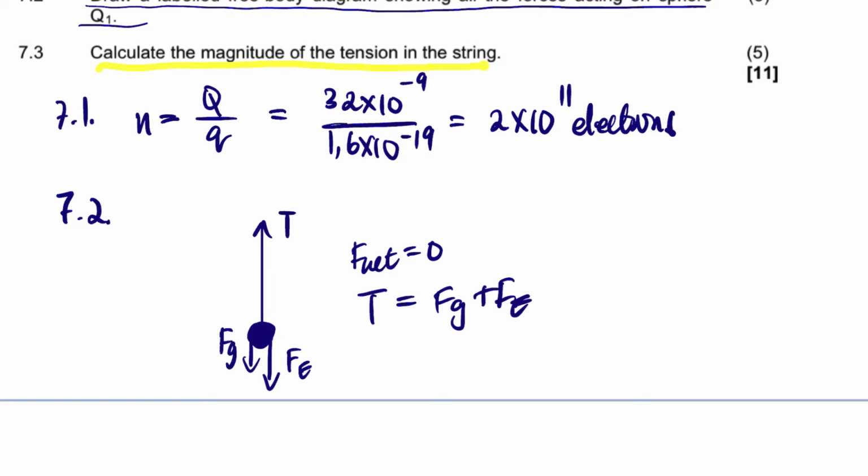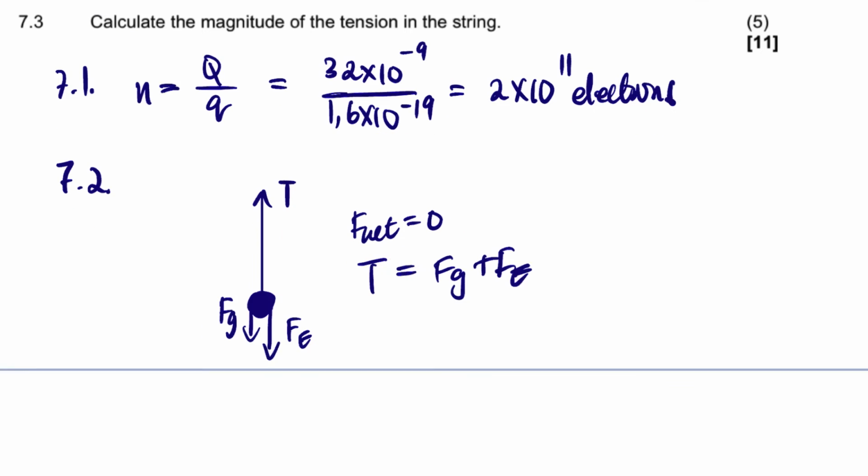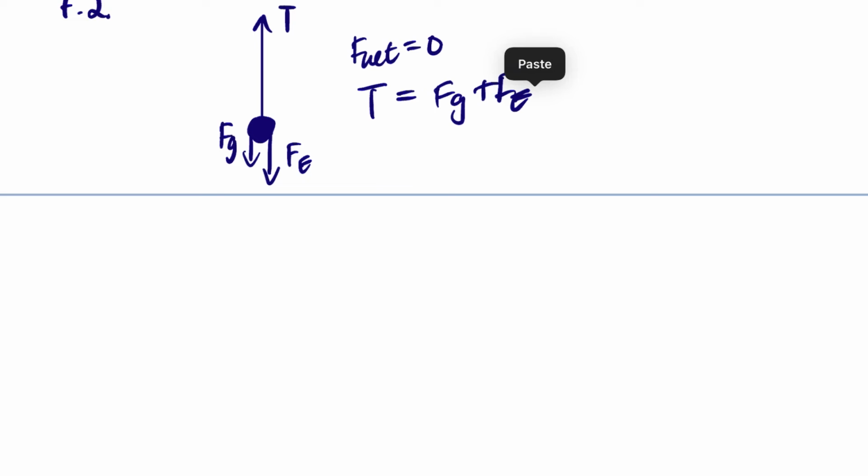7.3 says calculate the magnitude of the tension. Now we're going to use what I just mentioned. The magnitude of the tension is equal to the sum of these two, because the F net is equal to 0. Let me show you how. Let's choose up as positive, down as negative.